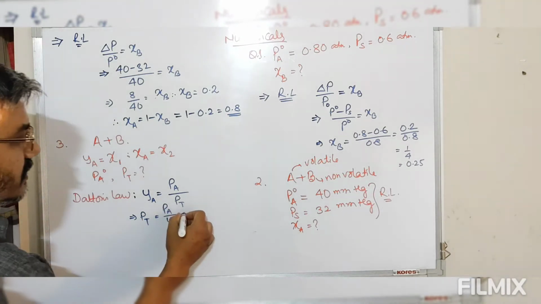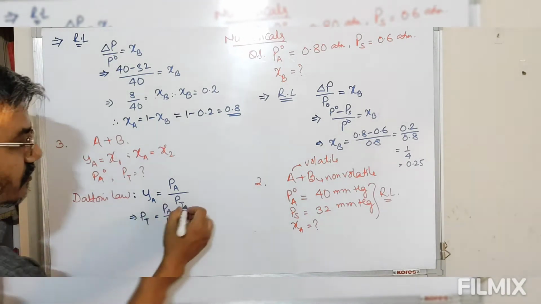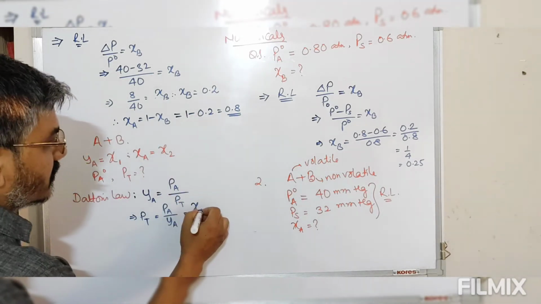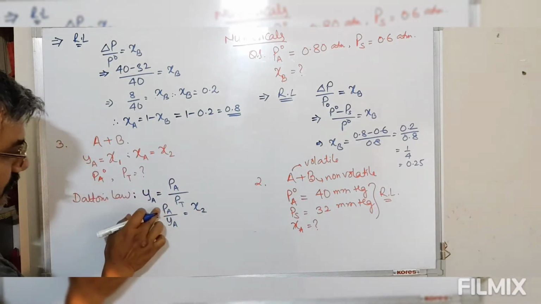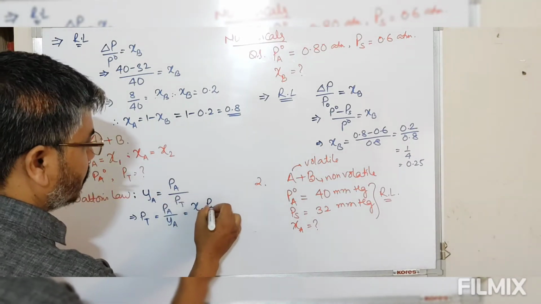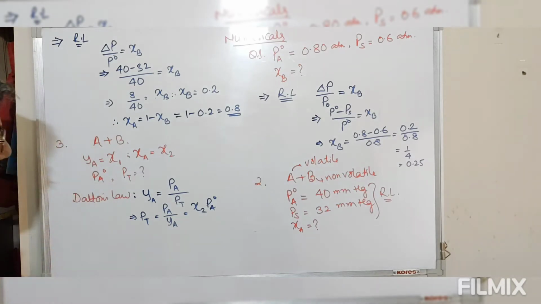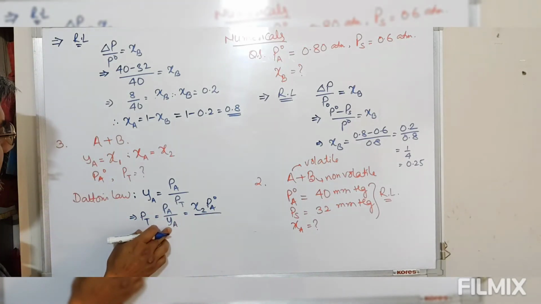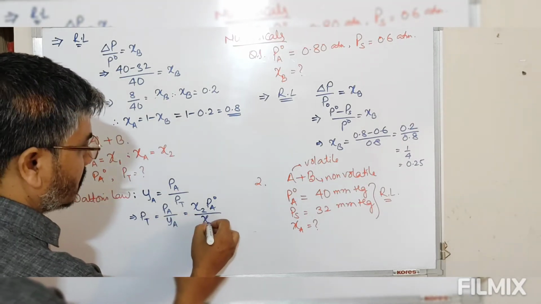Now PA is equal to, from Raoult's law, the mole fraction of A in the liquid, that is X2, times the vapor pressure of A in the pure state, PA naught, divided by the mole fraction of A in the vapor phase, X1.